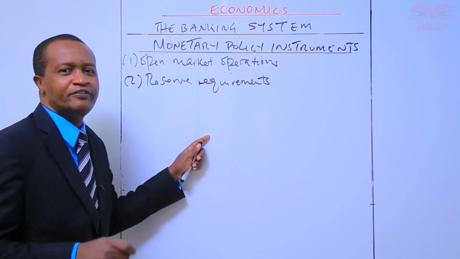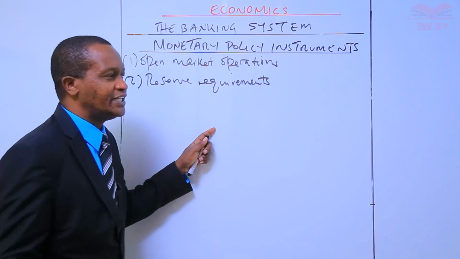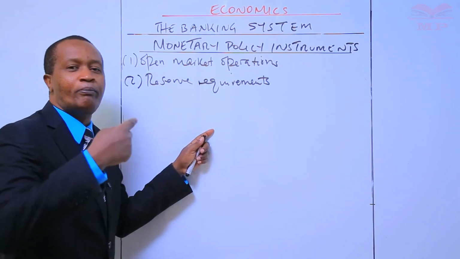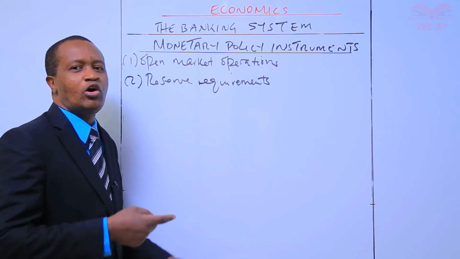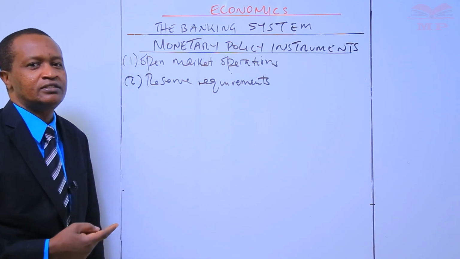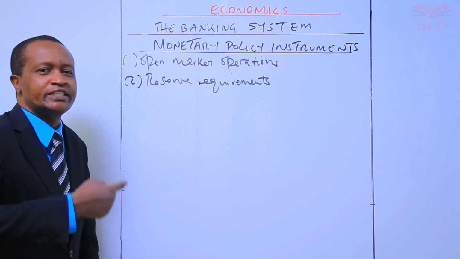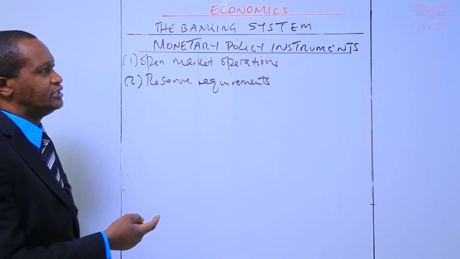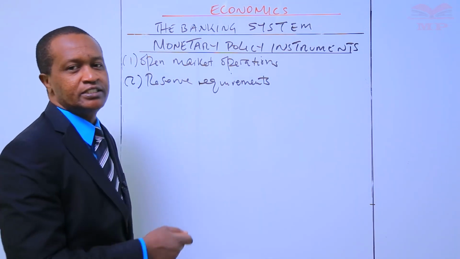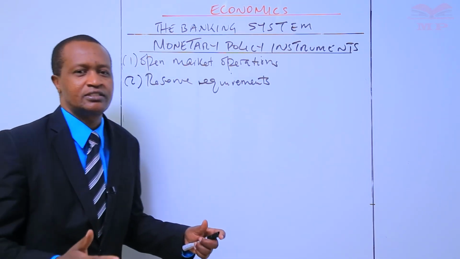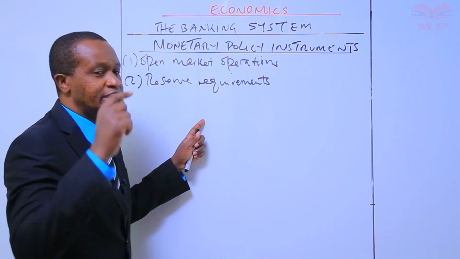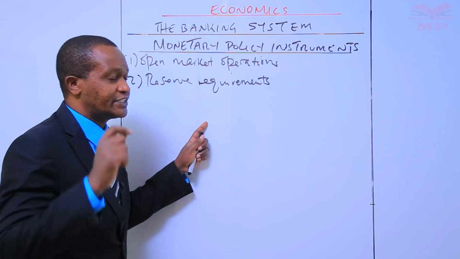And if the central bank feels that there is too much money in circulation, it can in addition require commercial banks to maintain, over and above cash or liquid assets, some additional reserves in the form of special deposits. So the commercial banks, in this case, are asked to maintain additional deposits in their accounts at the central bank.